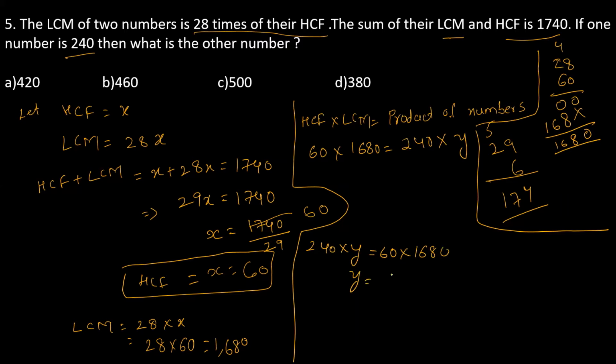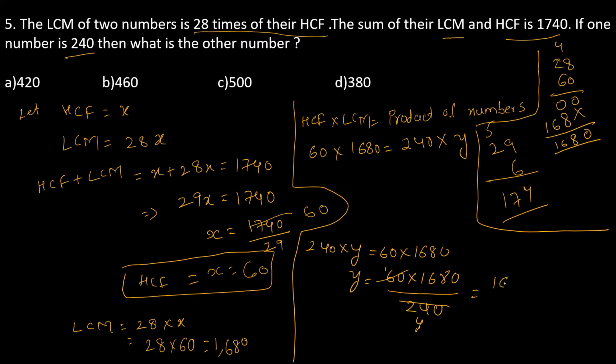So Y is equal to 60 into 1680 by 240. Okay. So here in the numerator we have 0 and here also 0. We can cancel. Otherwise 6 1s are 60, 6 4s are 240. Okay. This is done.